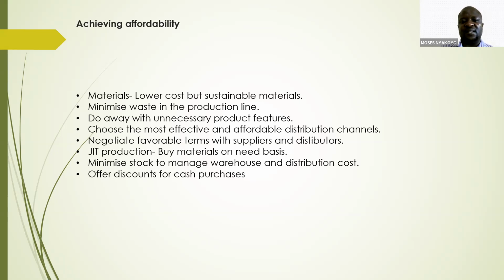I would also say that offering discounts for cash purchases is one of the ways to achieve affordability. This works well if you work with the market psychology of a target market: instead of offering a pay plan, which comes with interest attached, you can negotiate for them to buy your appliances in cash and get a discount for the same.